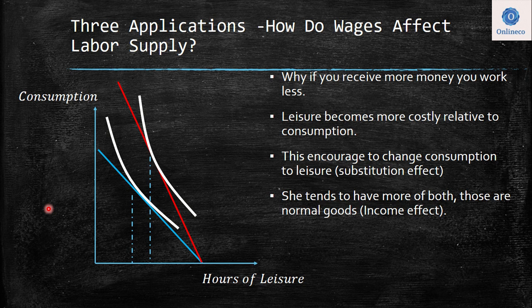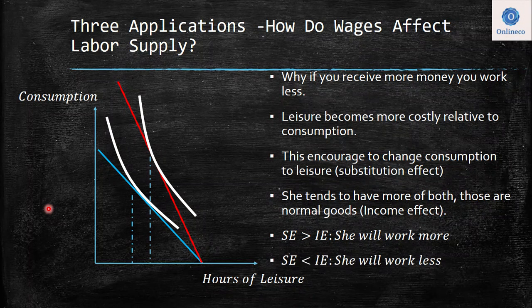And then the income effect: the person tends to have more of both. Those are normal goods. Then, if the substitution effect is higher than the income effect, she will work more. So then the labor supply is upward. In the other situation, the substitution effect is lower than the income effect, and she will work less.